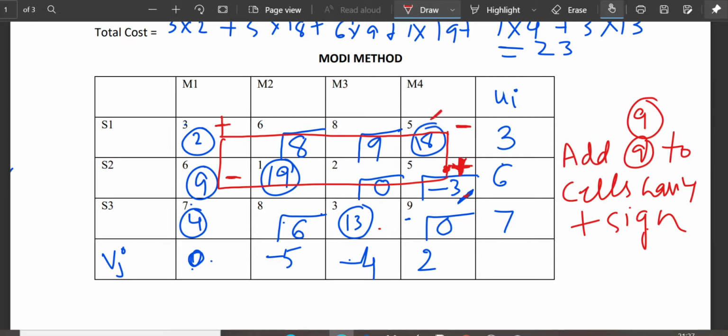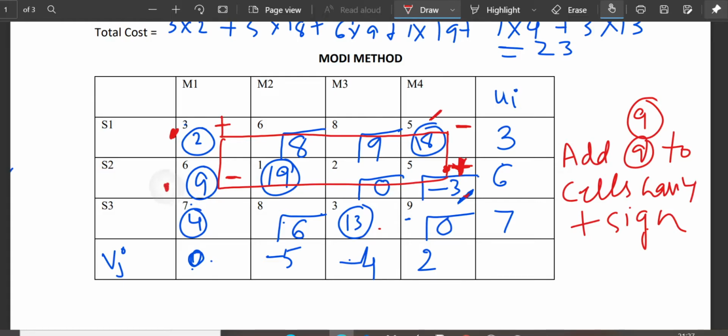Here where I have 18 in the circle, in the next table it is a negative cell, so 18 minus 9 equal to 9. I will write 9 in the circle here. Come to this 2. In the circle I have 2 and it bears a plus sign. So 2 plus 9, 11. In the next table I will be writing 11 here.